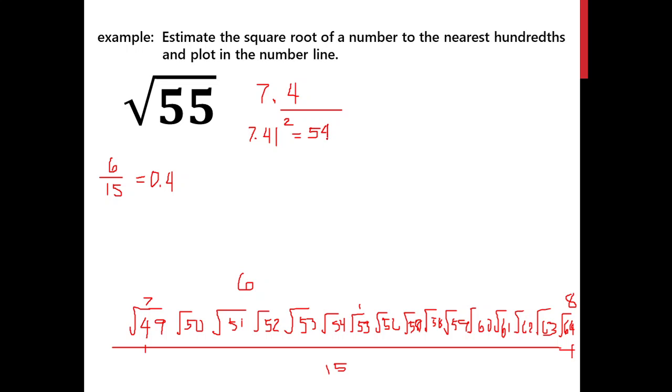It's closer to 55, right? Now I'll go ahead and increase the number here. I'll go for 7.42 and then square that one. 7.42 squared is 55.05. Okay, so from here it already exceeds 55.